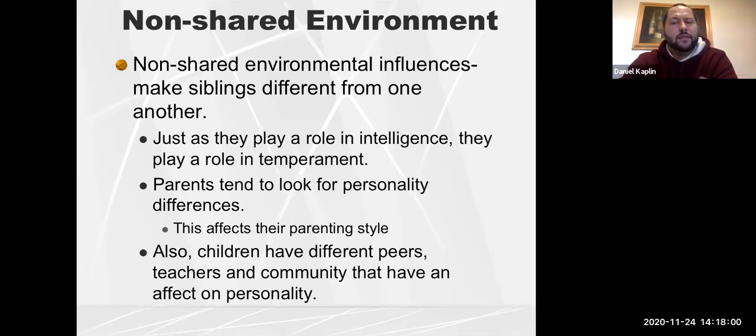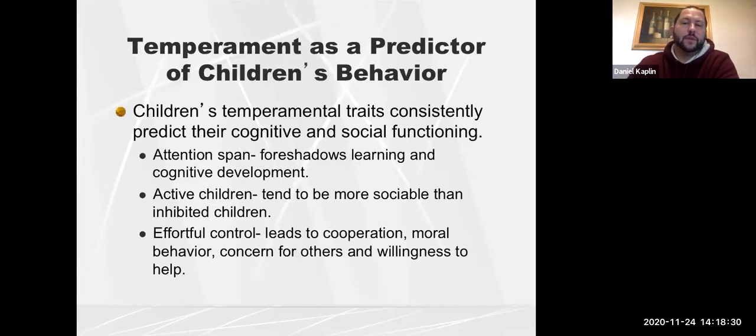Now, we also identify personality differences, which affects how we parent. I talked to you about temperament and how a difficult child, in quotes, might elicit stronger or more stern parenting than an easy child. And obviously one's peer group, teachers, and community also shape personality. So temperament affects many things.